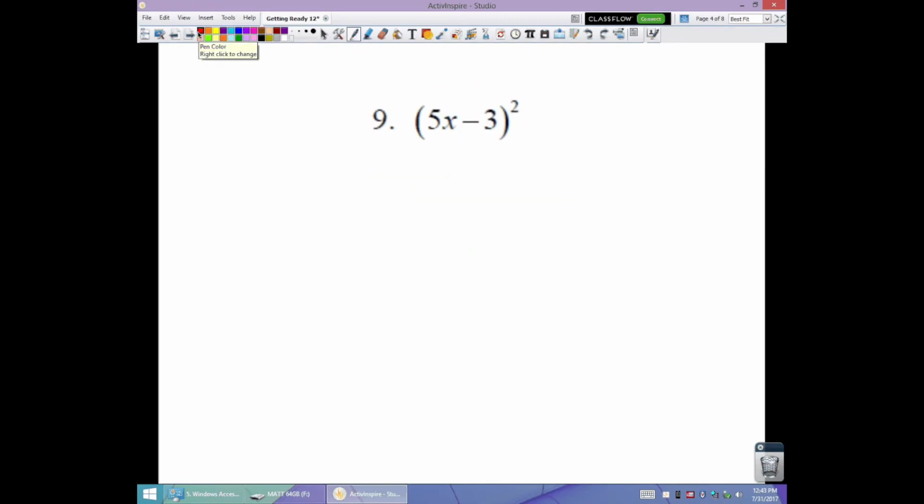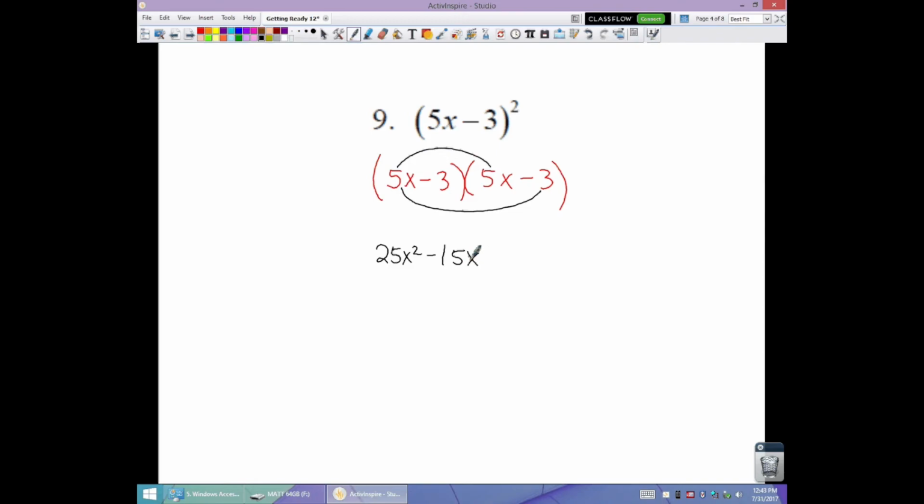Now, this does not look like two binomials, but remember it's saying the entire parentheses, everything you see is squared. So this really should be rewritten as 5x minus 3 times another 5x minus 3. So first times first, 25x squared. Outers, negative 15x.